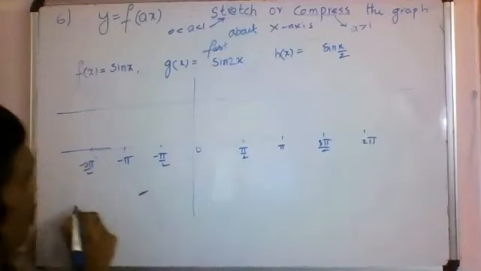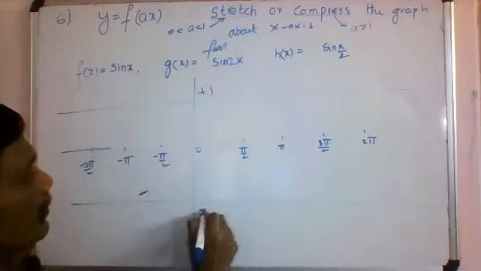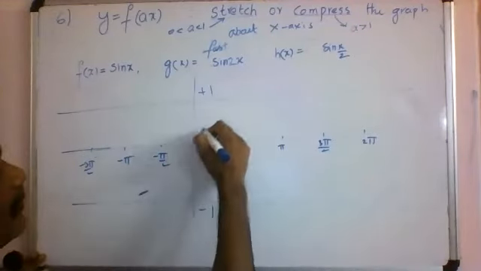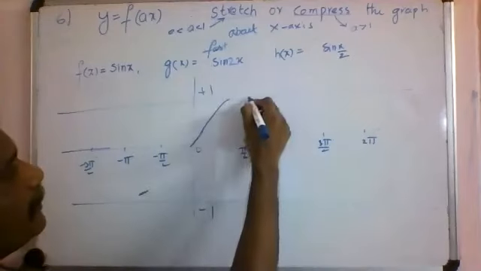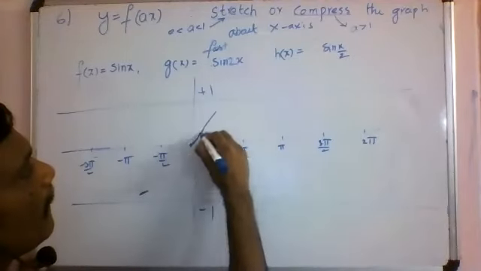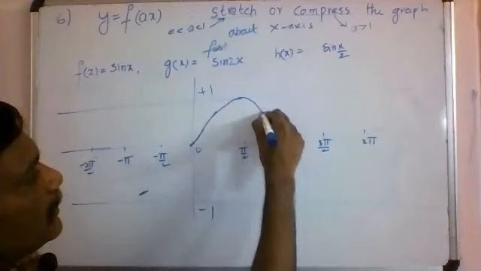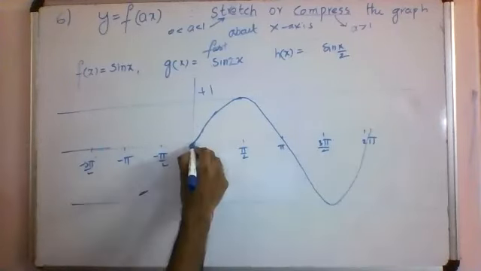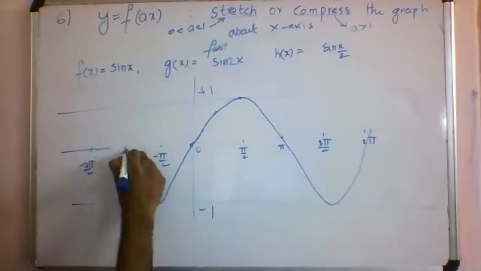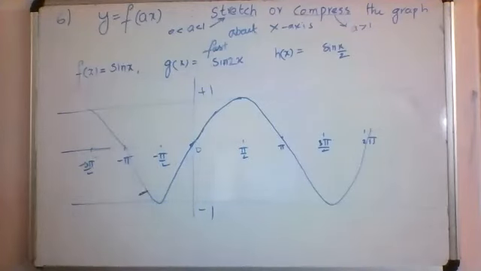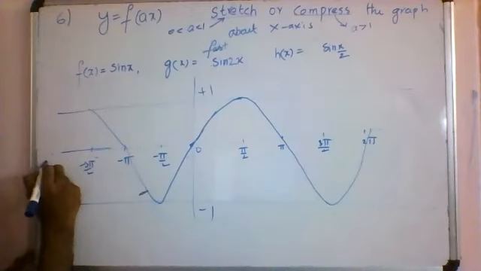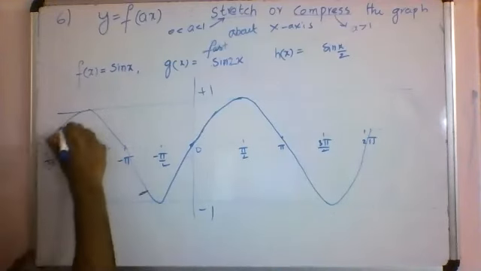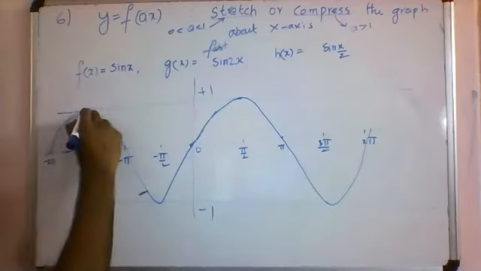Maximum value is plus 1, minimum value is minus 1, and for the original sin x graph, at pi by 2 it should reach 1, at pi 0, at 3 pi by 2 it is minus 1, and at 2 pi it is 0 again. At minus pi by 2 it is minus 1, at minus pi 0, at minus 3 pi by 2 it is plus 1, and at minus 2 pi 0 again. This is the original graph.